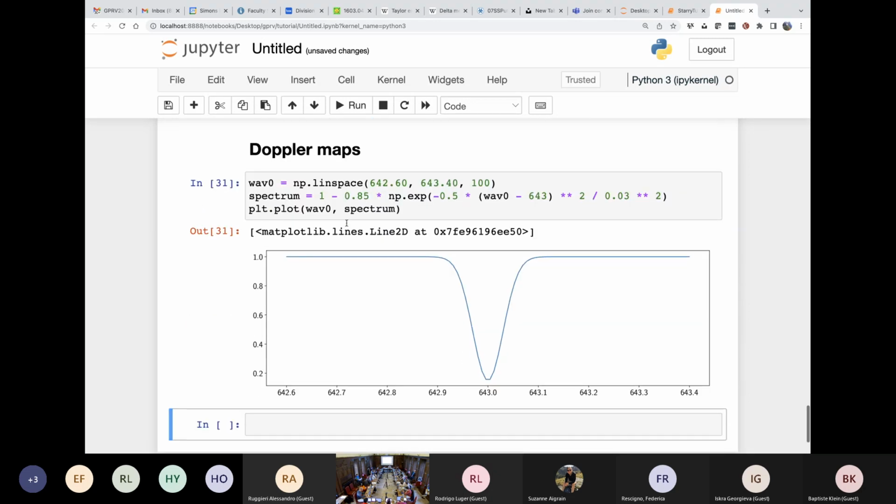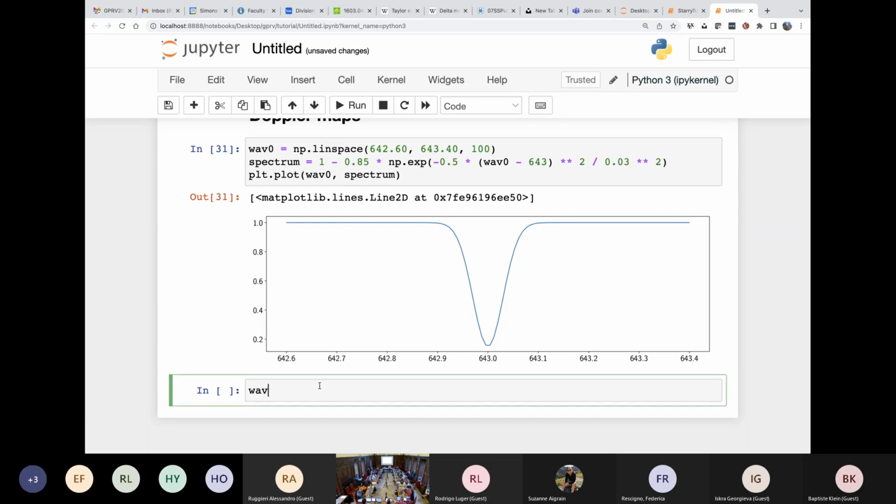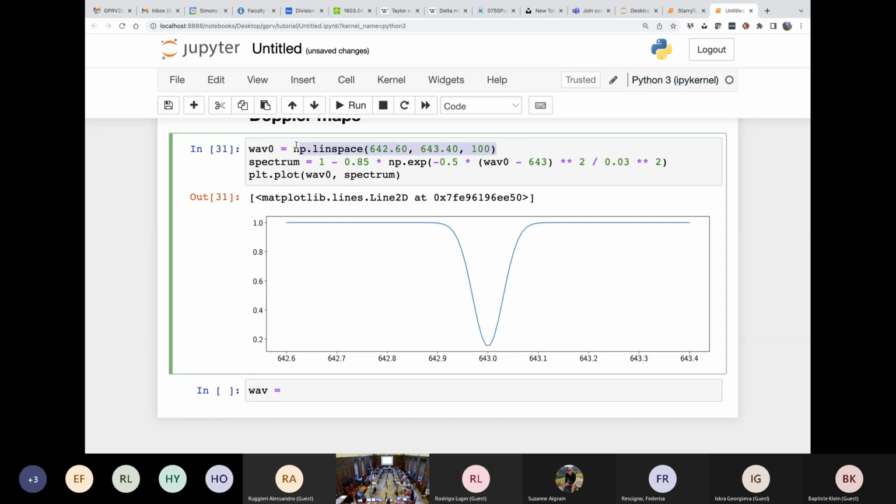The other thing I'm gonna define is this wavelength frame in which the line is emitted, like in the stellar atmosphere at 0 Doppler shift. I'm also gonna define an array that's the wavelength grid on which I observe the line.